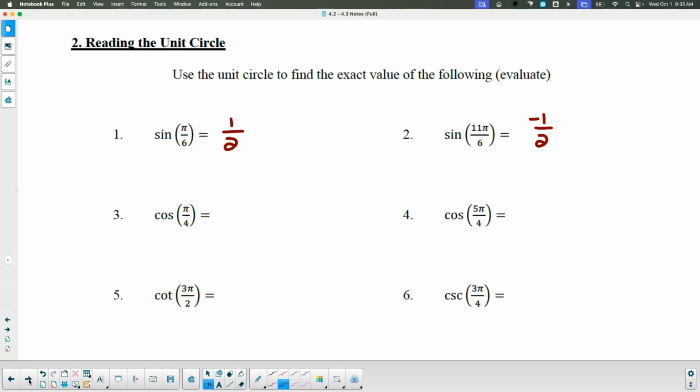What is cosine? X. Okay. So what is the x part of the coordinate at pi over 4? Square root 2 over 2. Cosine at 5 pi over 4. Negative root 2 over 2.